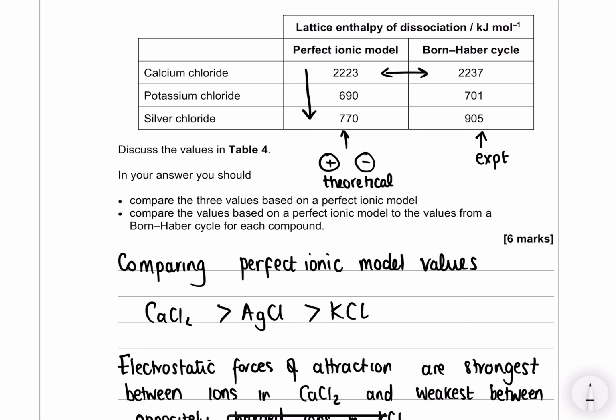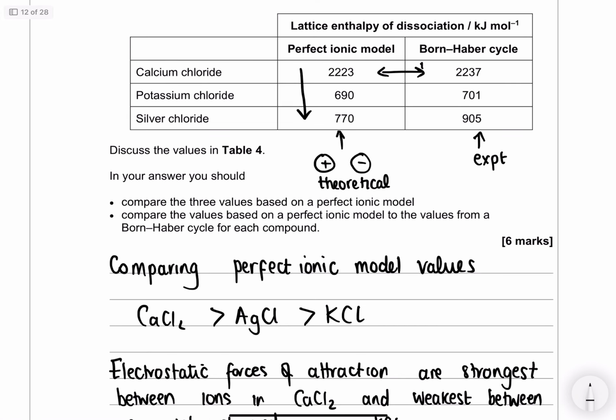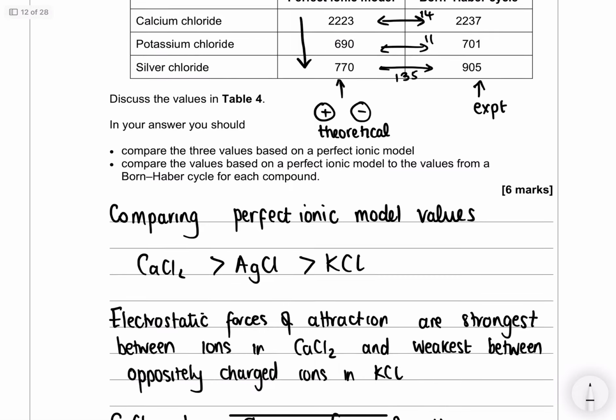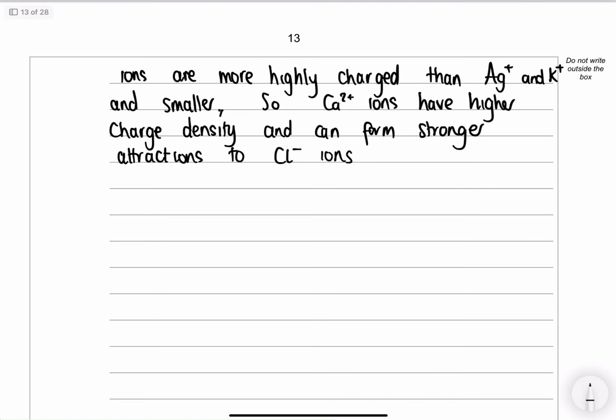The difference here is 14, and the difference here is 11. But the difference here, 905 minus 770, is 135. So calcium chloride and potassium chloride have fairly similar values in the two different models, but silver chloride has quite a large difference. Why might that be?